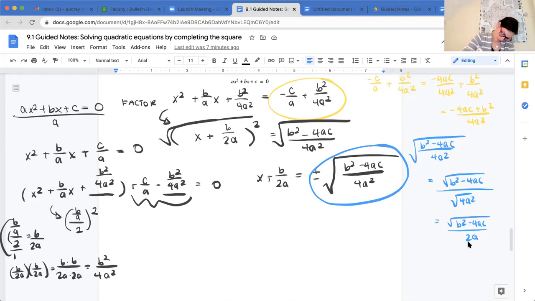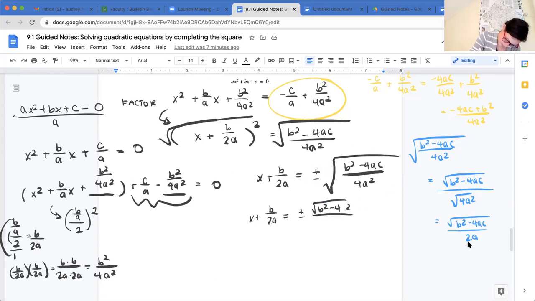Okay, so that is going to be the right side of my equation currently. So now if I go back over here, we're almost done. We have x plus b over 2a equals plus or minus the square root of b squared minus 4ac all over 2a, as we saw from our simplification of this square root right there.